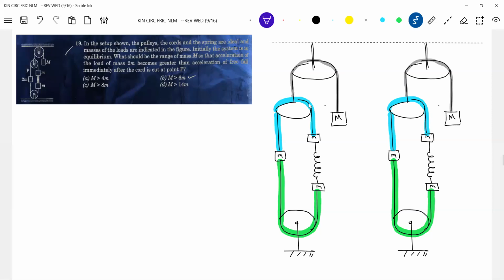So let the tension here be T. This is mg. The tension will act here. So the tension in this string, let it be T1. Here T1. Uh, 2m, I'll change it. It is 2m. Let me put all masses 2m, m, capital M. Yeah, fine.